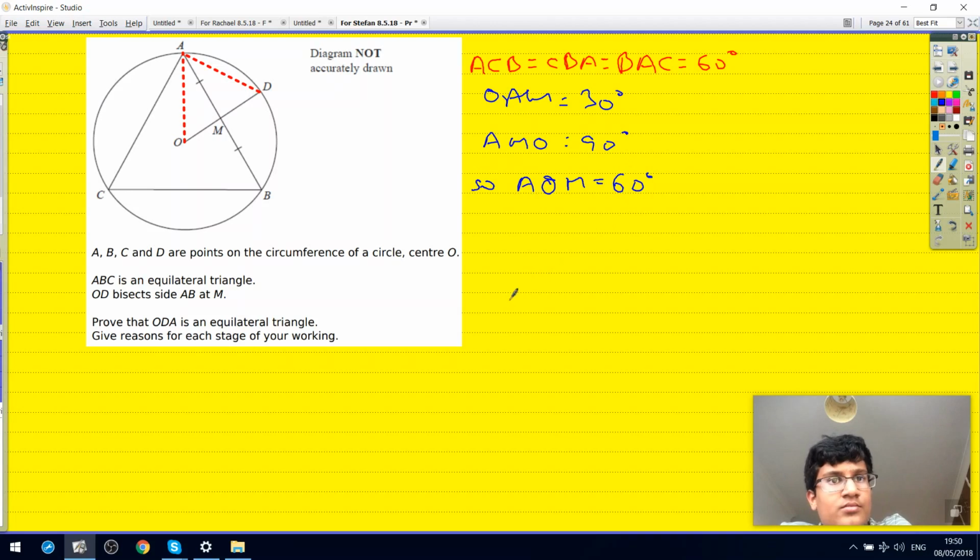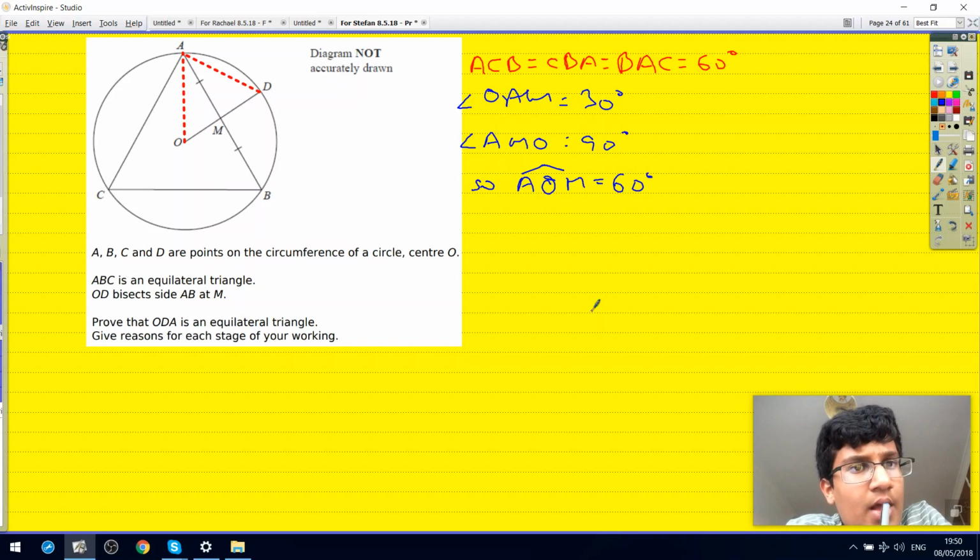So then if that's 60 degrees, and because there's 30 degrees for OAM, OAD would be just 2 times 30, which is 60 degrees.